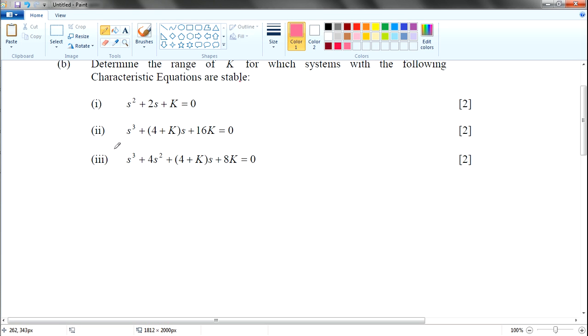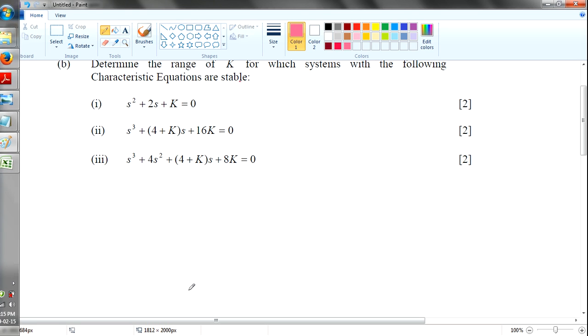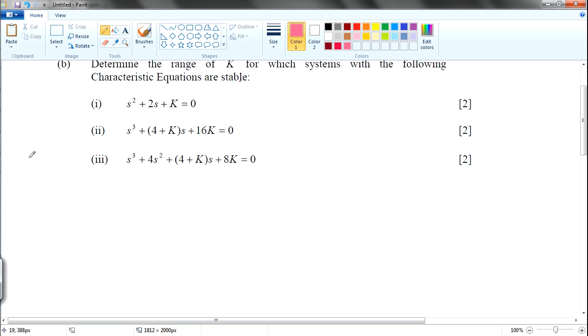I'll show you with pink color. First thing you need to write is that all coefficients are positive. And then the second one, you have to prove that a1 a2 is larger than a0 a3.